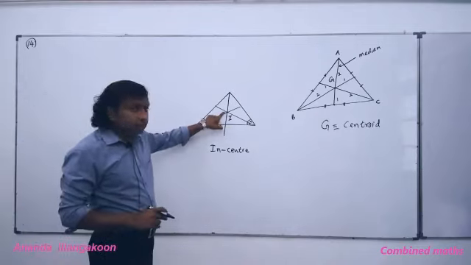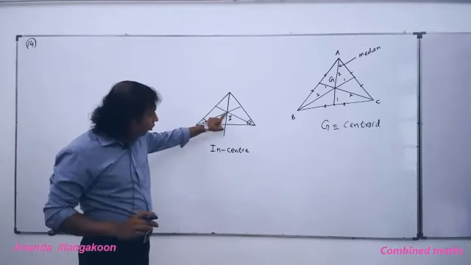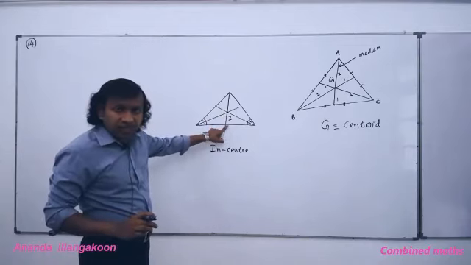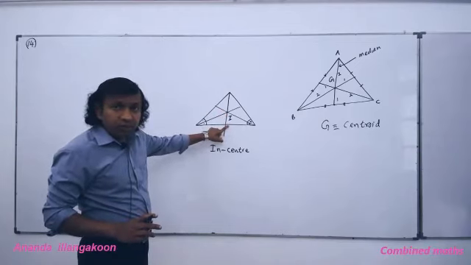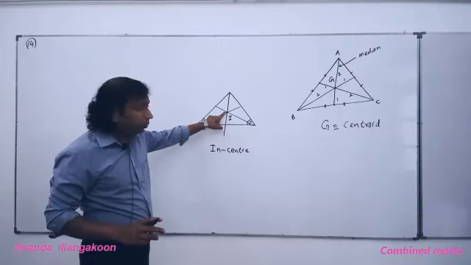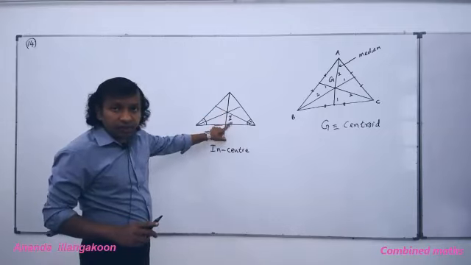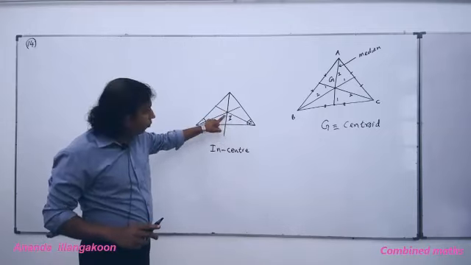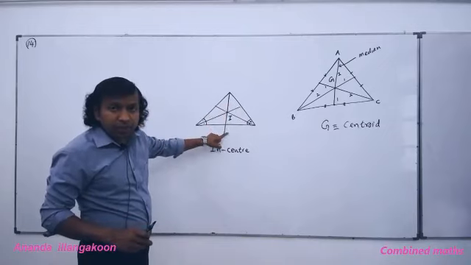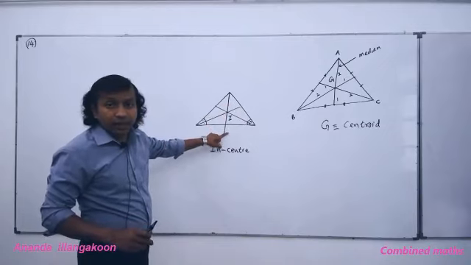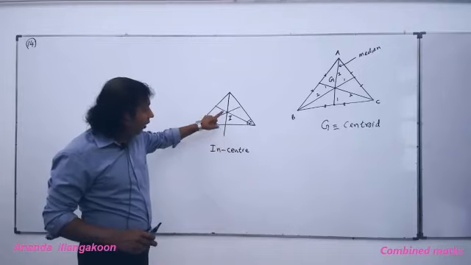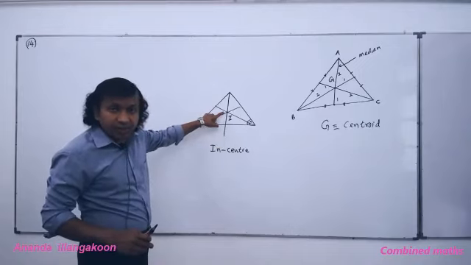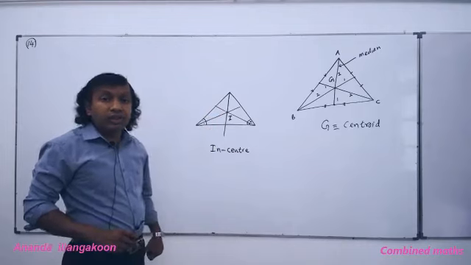Taking this I as the center, we take the perpendicular distance from I to any side of the triangle. There are three sides for the triangle. Taking that perpendicular distance as the radius and I as the center, we can draw a circle.